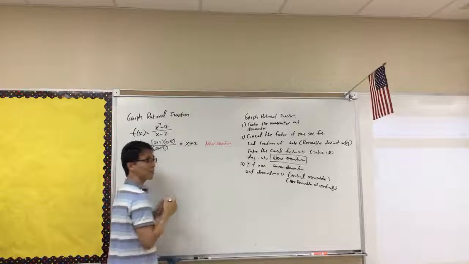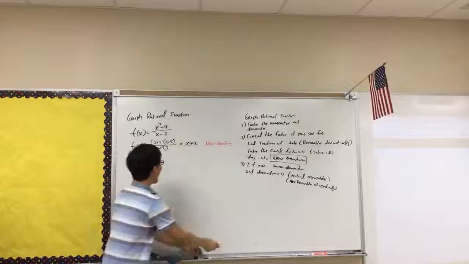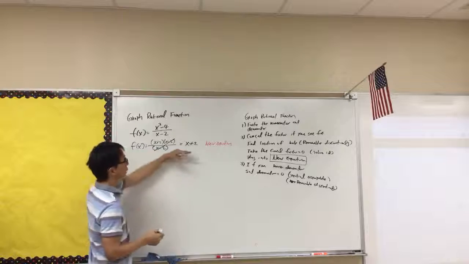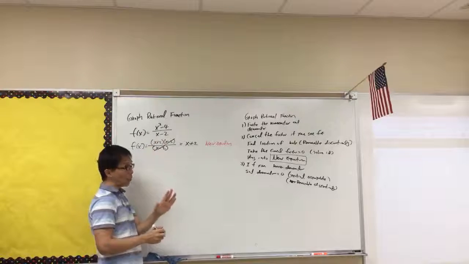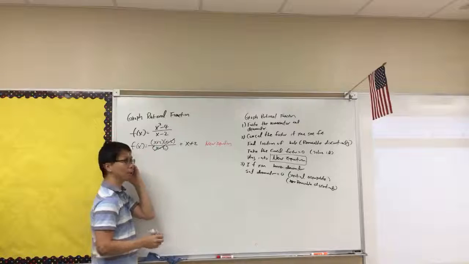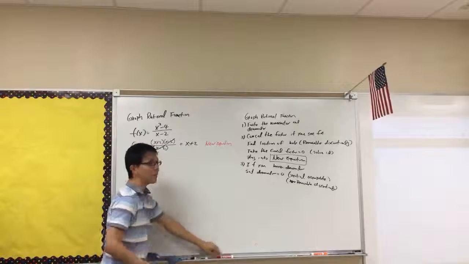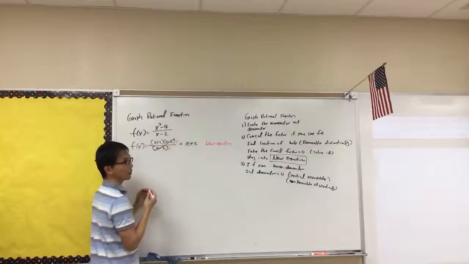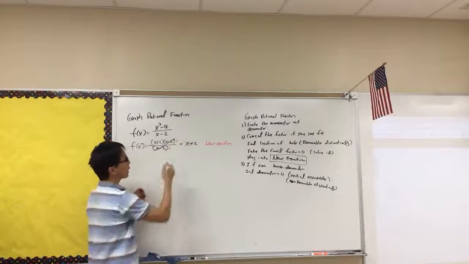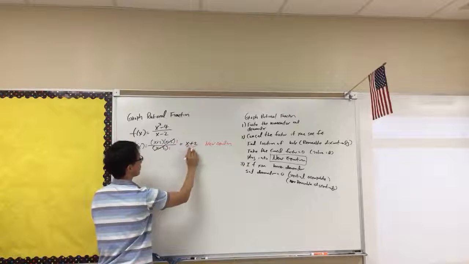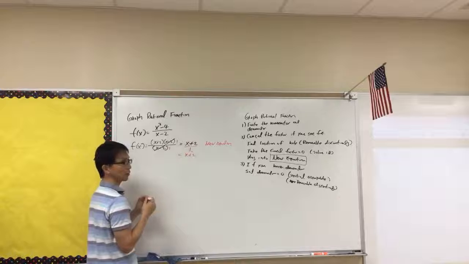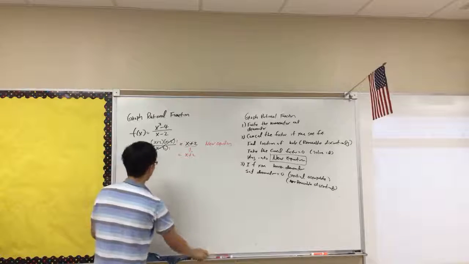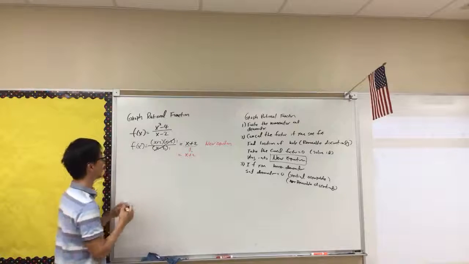We don't throw the factor away, it just cancels. When you cancel something, please write 1 next to it so you don't make mistakes. Then you have x plus 2 over 1, and since anything over 1 is itself, your new equation is x plus 2. That's important because it's going to affect other questions too.